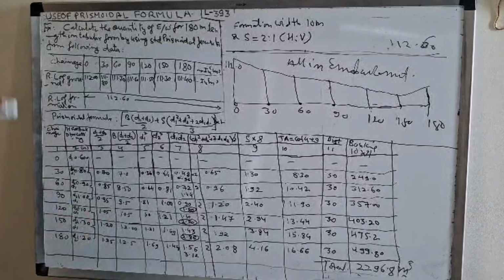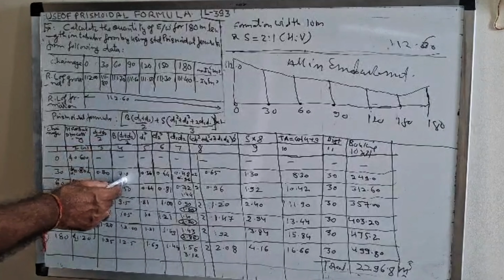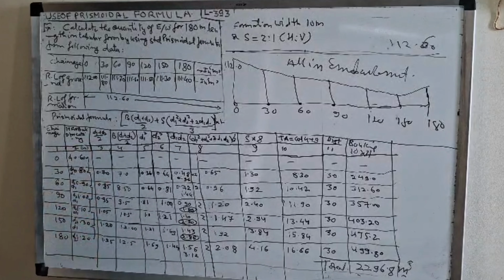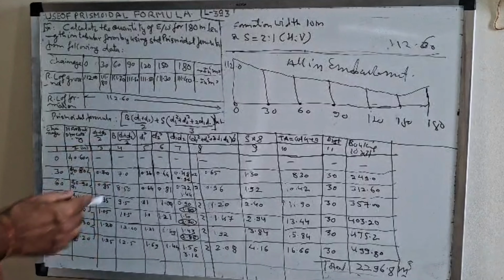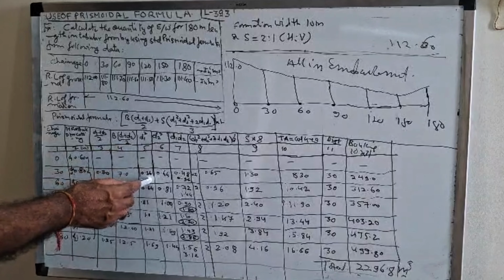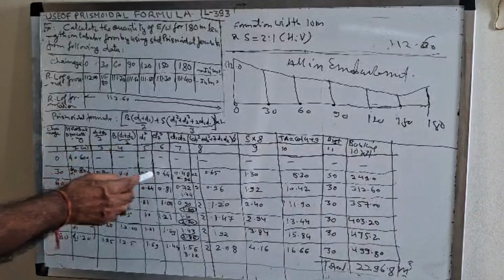This is your average (d1 plus d2) by 2. Now you multiply by 10: this is 7, 8.5, 9.5, 10.5, 12 and 12.5. Now d1 squared is 0.6 squared, 0.36. What will be d2 squared? d2 squared is 0.8 squared, that is 0.64.